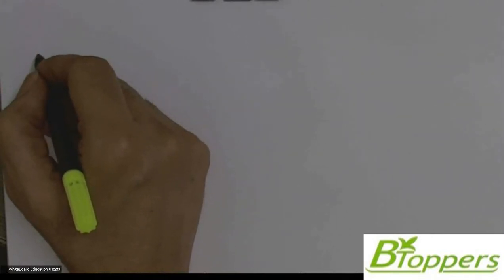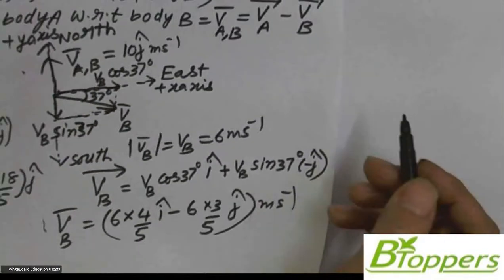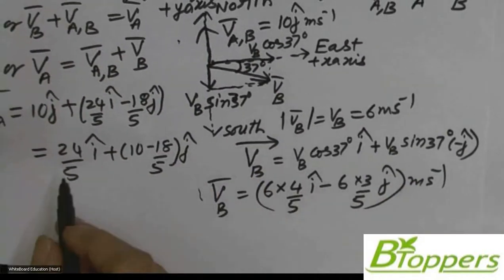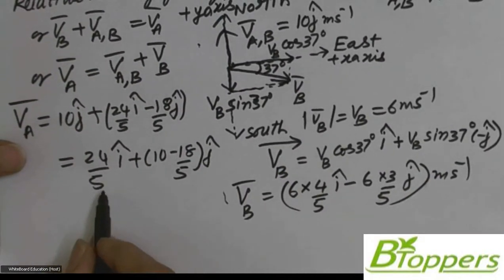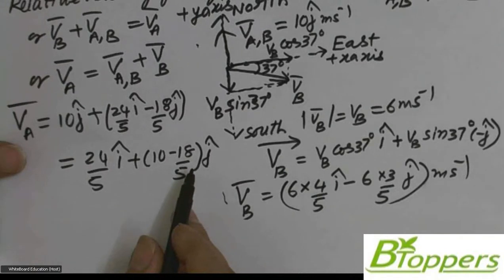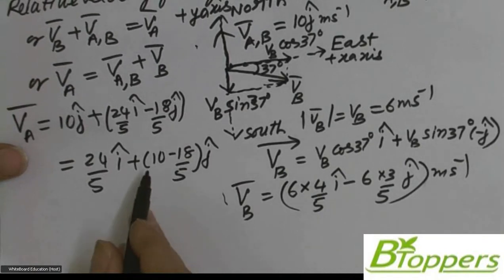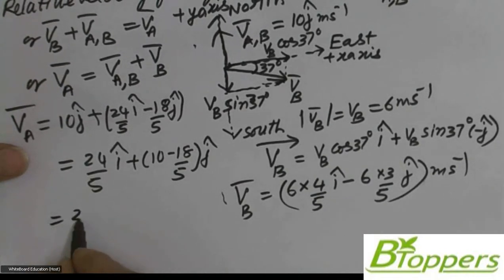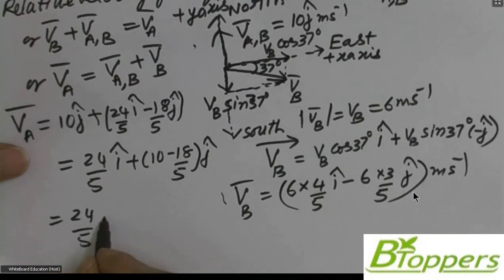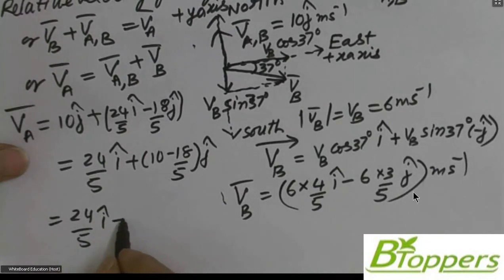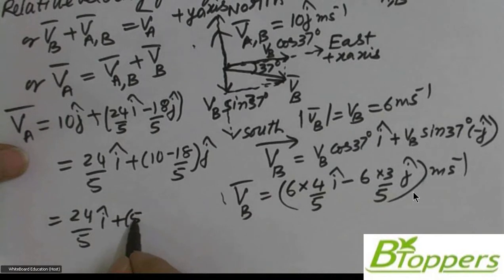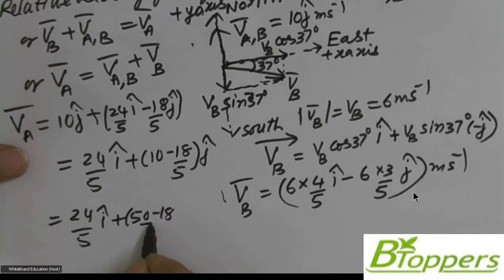So as we got here, the actual velocity of the body A, we got 24 by 5 i cap plus 10 minus 18 by 5 j cap. This you can simplify further. 24 by 5 i cap plus 50 minus 18 by 5 j cap.